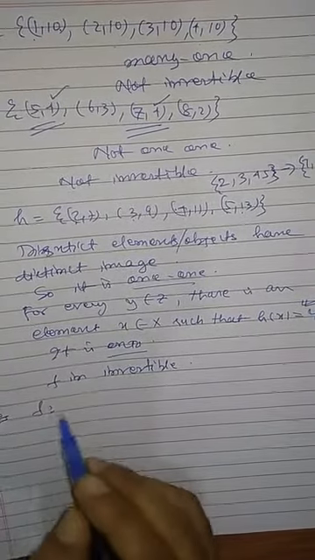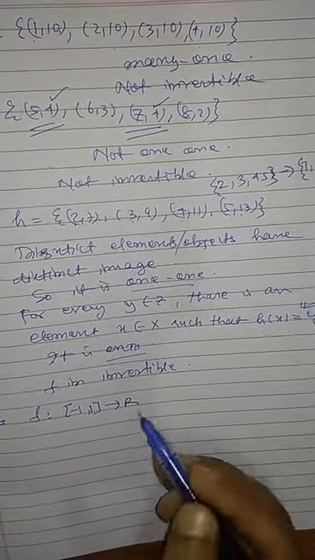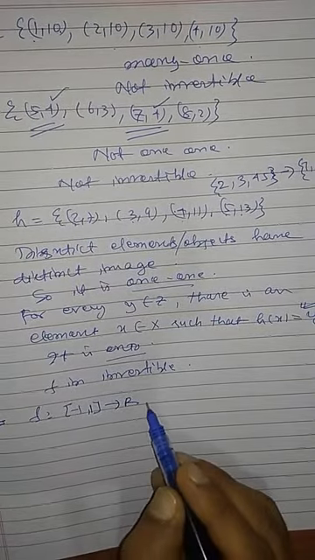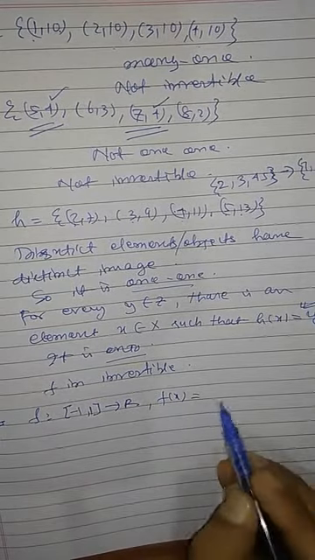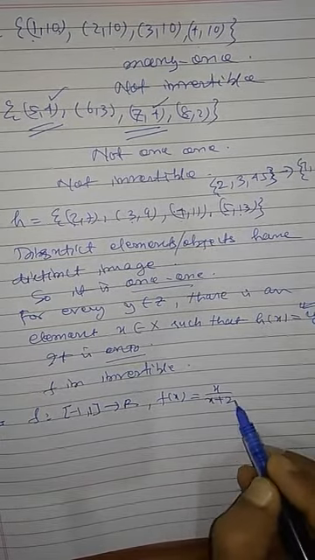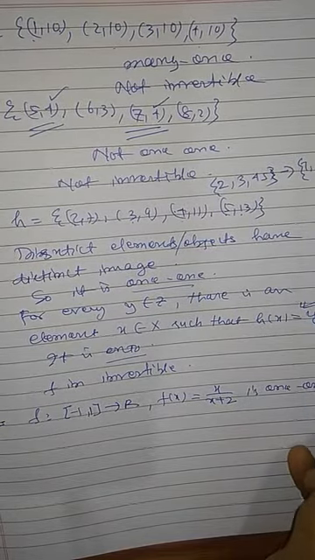Given f from [-1, 1] to R, real numbers, you can say f of x equal to x upon x plus 2, which is 1-1, it is given.